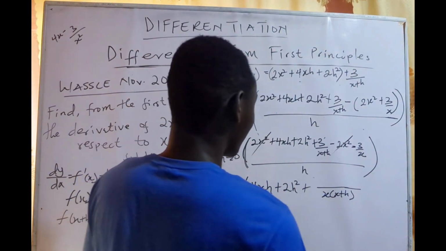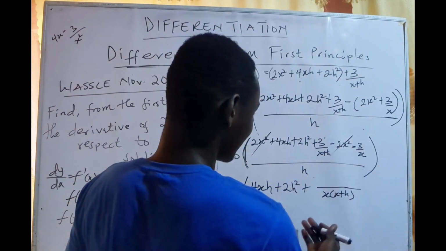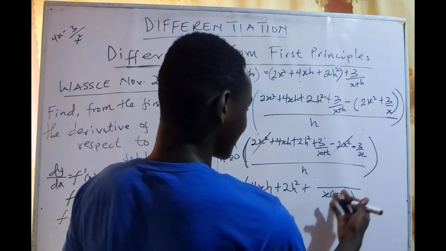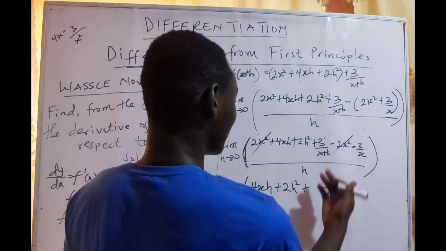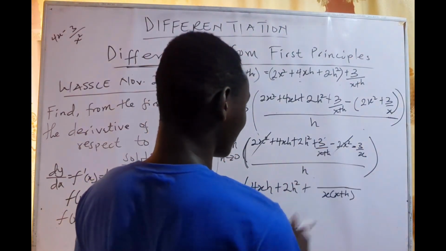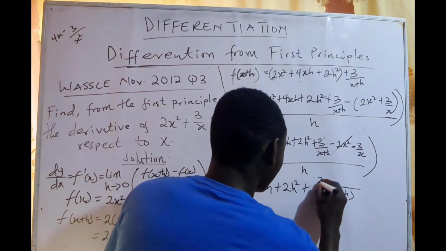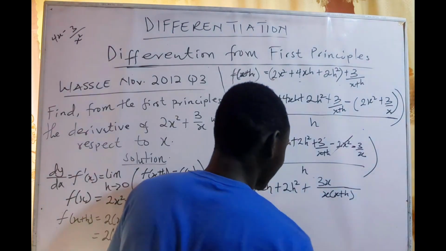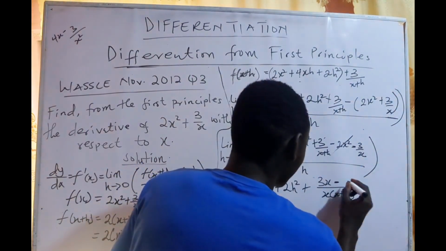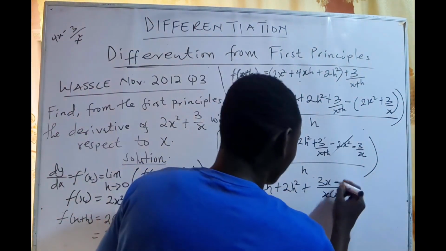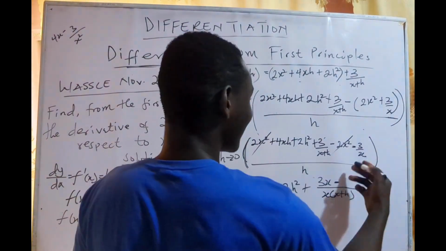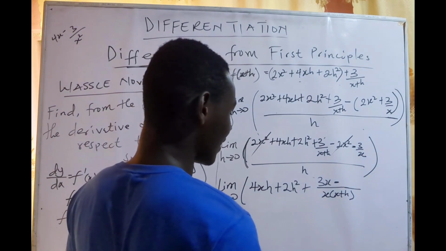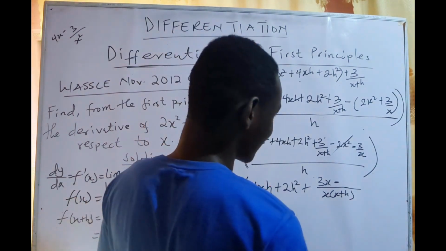So here the x plus h cancels the x plus h, making it 1. Then the remaining x will multiply the 3 over here. So now you get 3 multiplied by x as 3x, minus, don't forget the minus sign. So here the x cancels the x over here, remaining the x plus h.